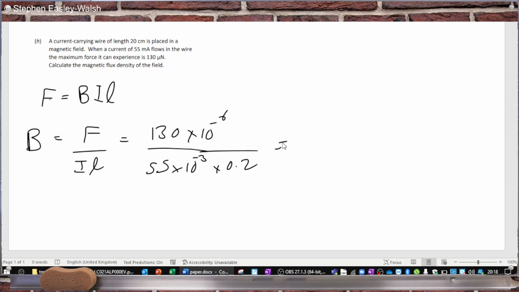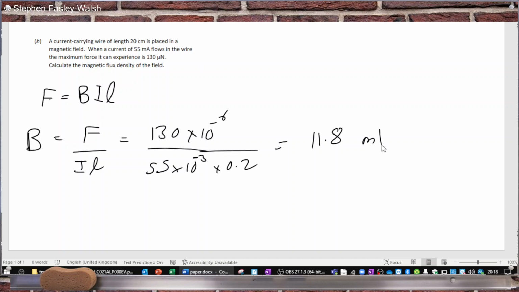Okay, 130 times 10 to the power of minus 6 over 55 times 10 to the power of minus 3 times 0.2. That's quite small. I should put the answer in millis. 11.8, what's the unit? Webers, isn't it?